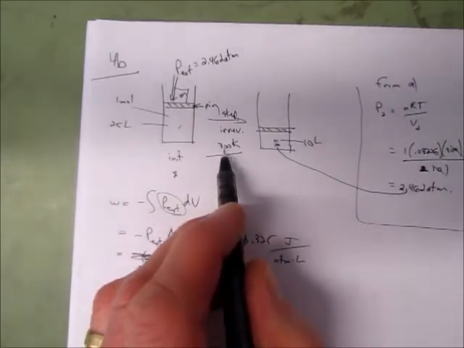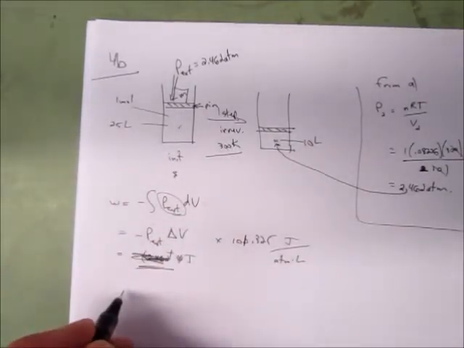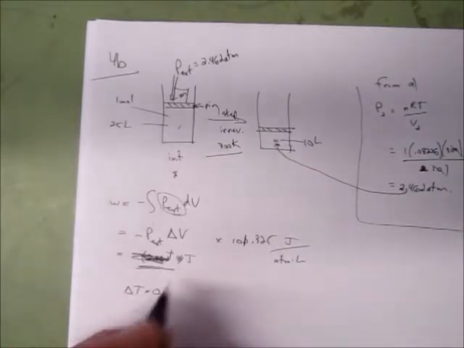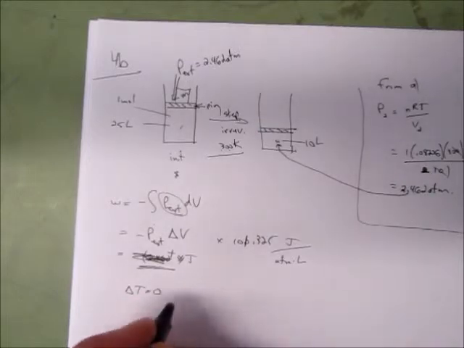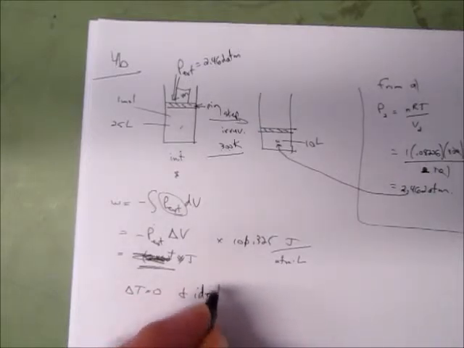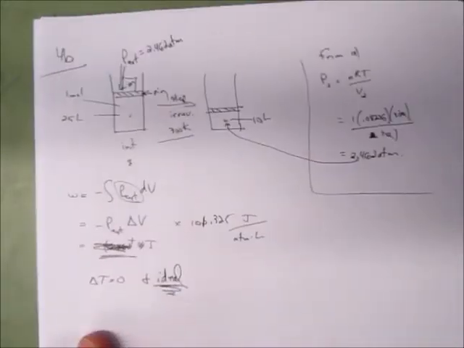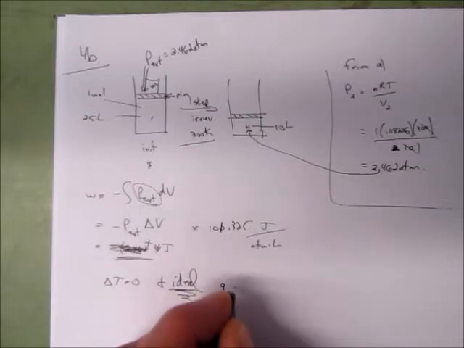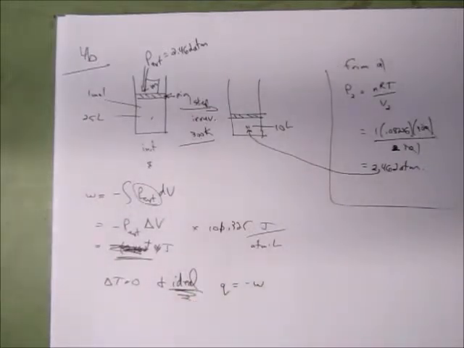In order for the temperature to stay the same, because delta T equals 0, initial and final temperatures are the same, and it's ideal, there's no potential energy of interactions that can do anything. It's only kinetic energy temperature changes that mean anything. So technically, the heat by default has to equal the negative of the work. Now, key point.